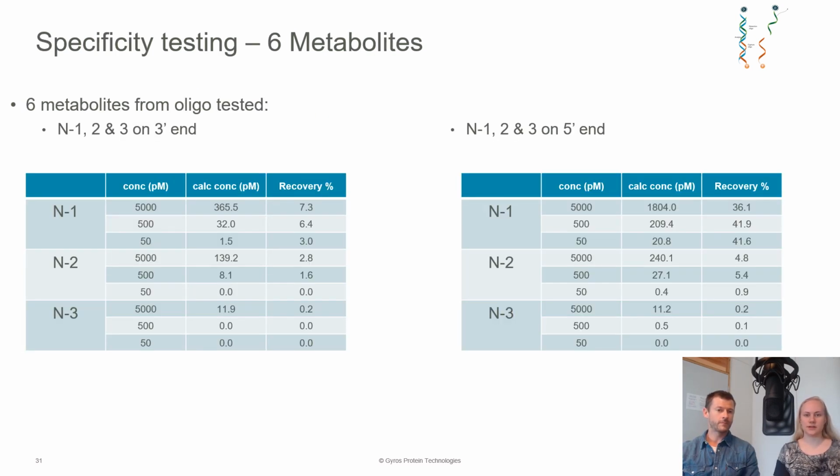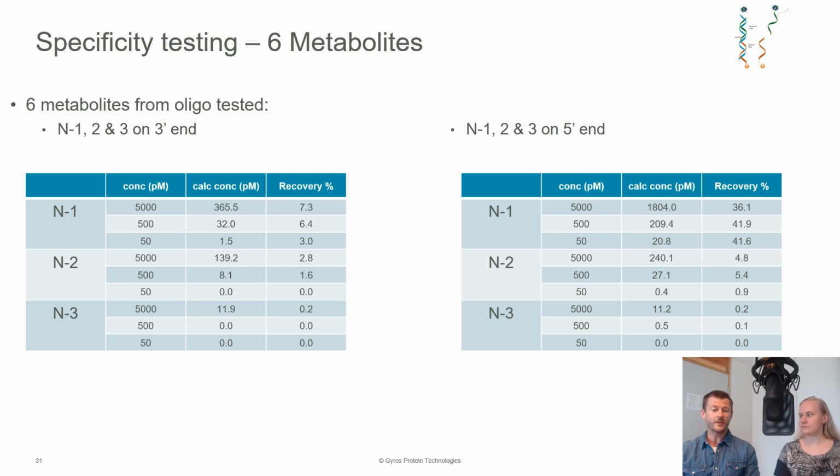As we talked about earlier, we wanted to test the metabolite cross-reactivity with the parent oligo. So we used 6 different metabolites. We had up to 3 nucleotides removed from each end, the 3' and the 5' end. Each of those 6 metabolites was tested at different levels, and for a perfect specificity, you would recover 0% of signal.